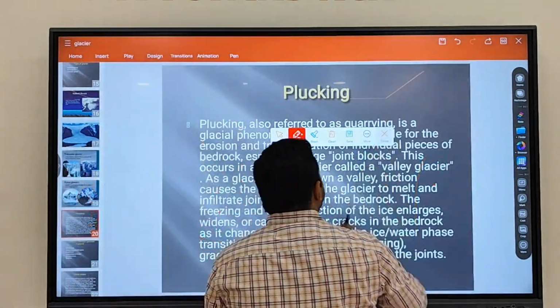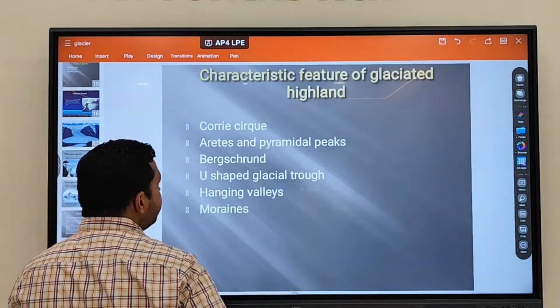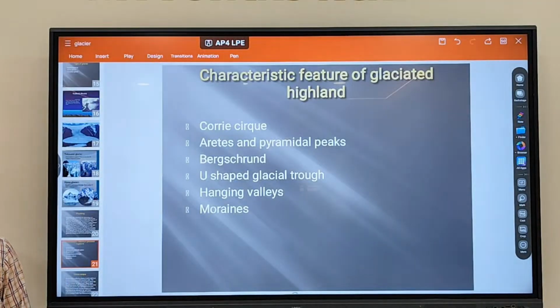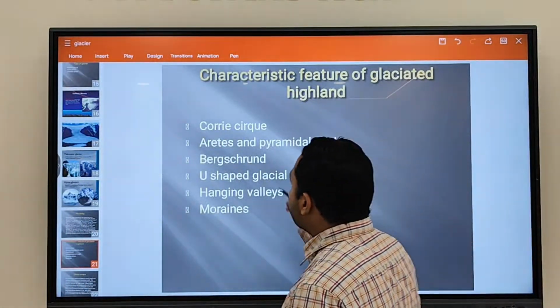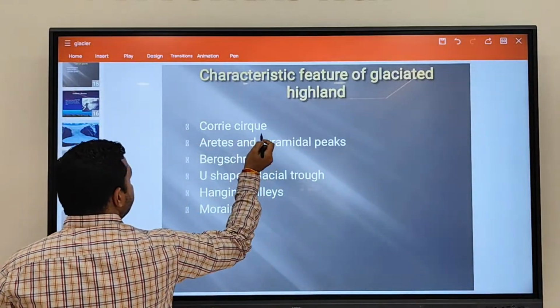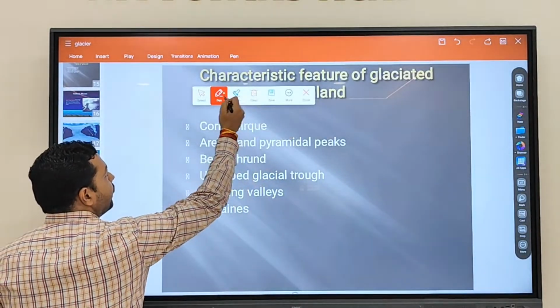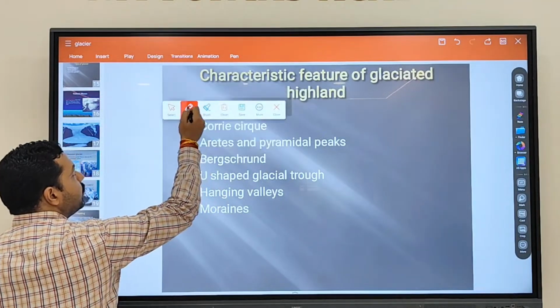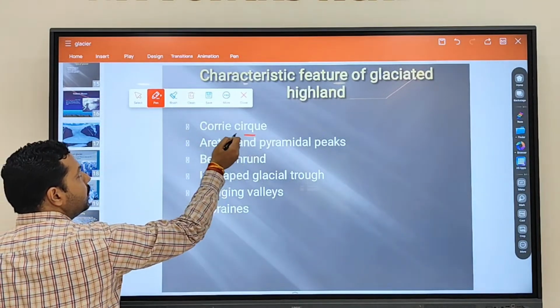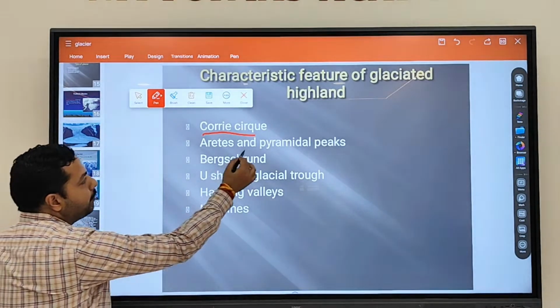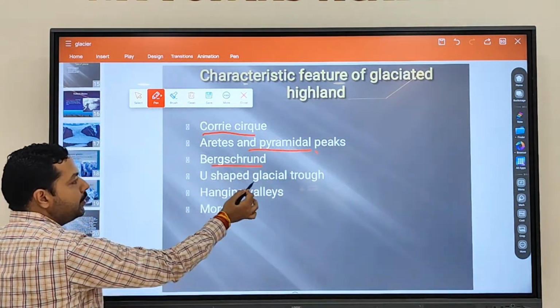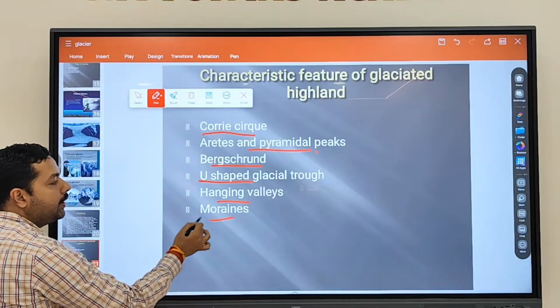Now, this you are finding. What are the features you are finding with regard to glacial landforms? You are finding features like cirque or corrie, which is found in the highland region. These are all erosional landforms. So if a question comes, what are the erosional landforms? These are all your erosional landforms. Cirque or corrie, pyramidal peaks, bergschrund, U-shaped glacial trough, hanging valley, and moraines.